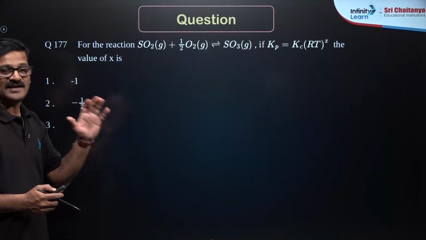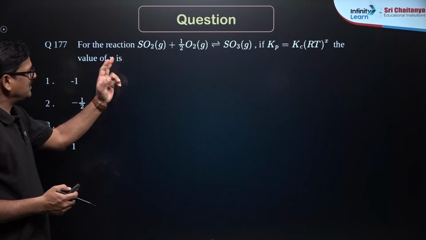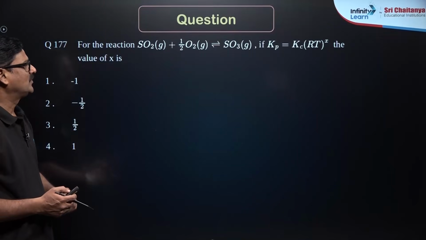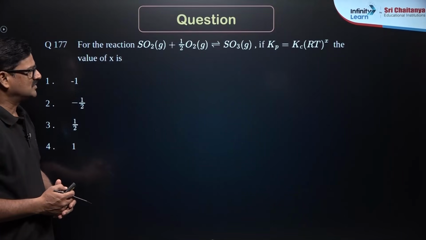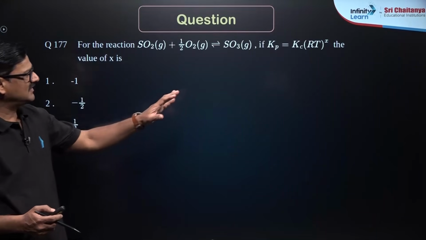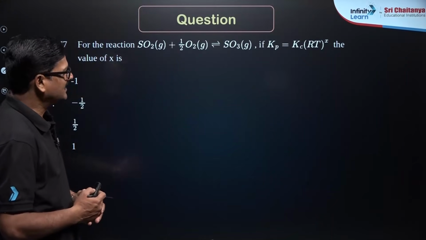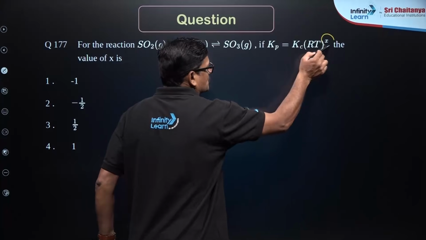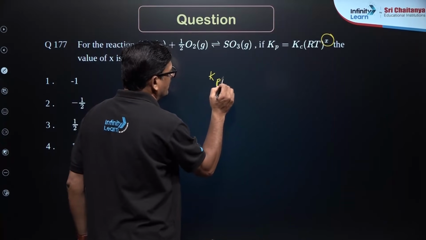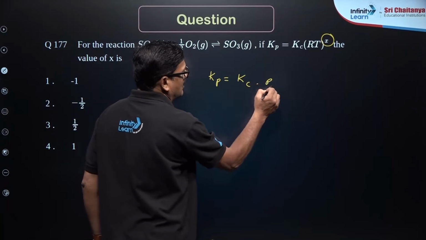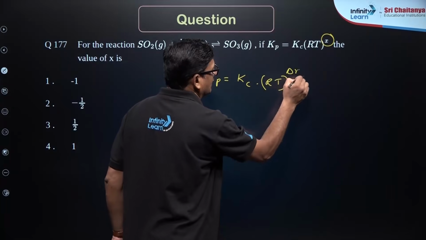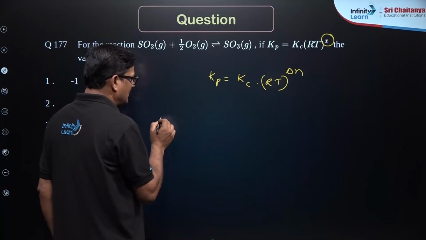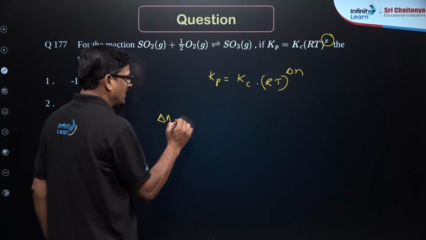Students, here is the reaction. For the reaction SO2 plus half O2 reversibly gives SO3, if Kp is given as Kc(RT) to the power delta x, find the value of x. Here Kp is equal to Kc(RT) to the power delta n, and delta n is x over here.